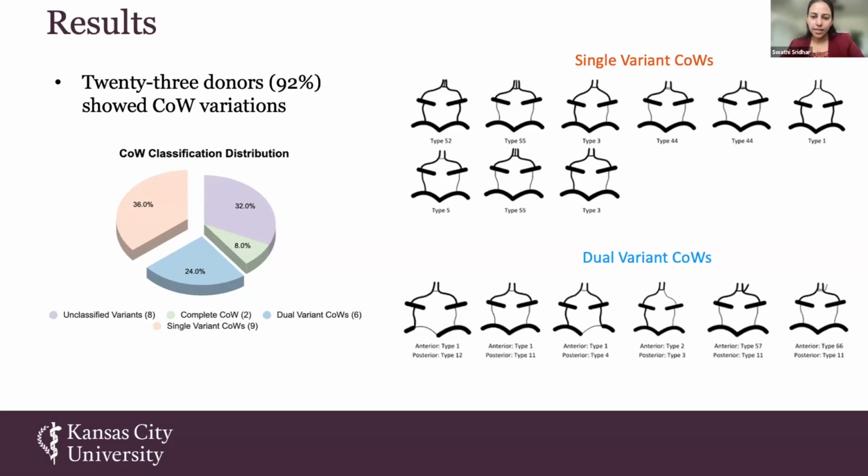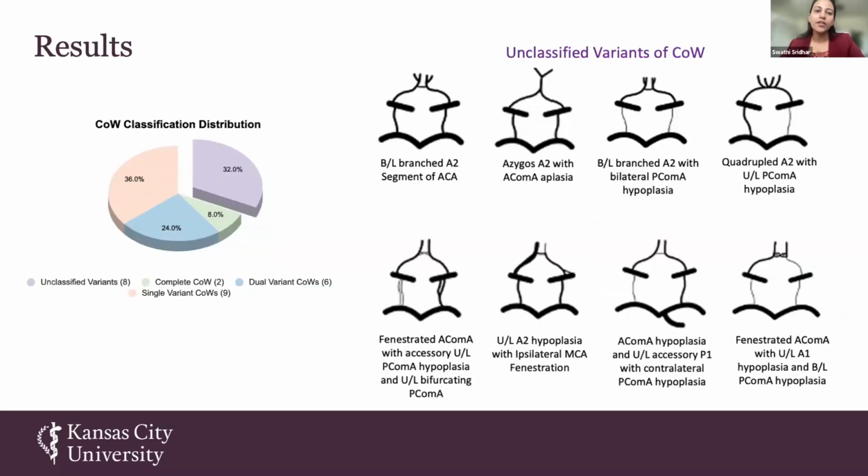And 6 cases showed a dual variation, which comprises a combination of an anterior type variation and a posterior type variation, with those classification numbers provided here as well, according to the Iyer classification system. The remaining 8 cases had variation that is not included in the classification system we used. And this included a very uncommon variation of bilateral A2 duplication that resulted in a quadruplicated A2 segment, which is shown here.